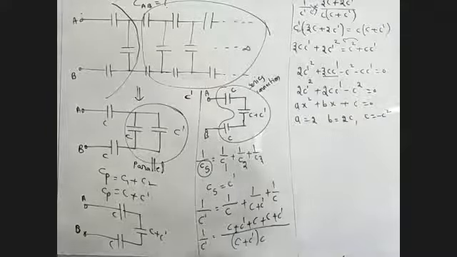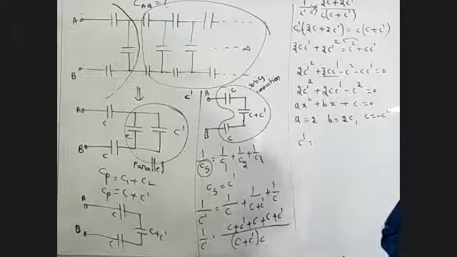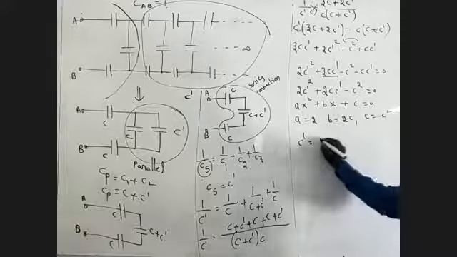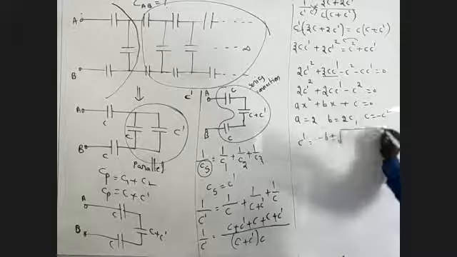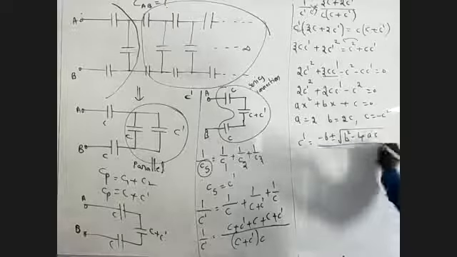I want to find out C' roots. C' roots is equal to minus b plus or minus root of b squared minus 4ac, formula by 2a.